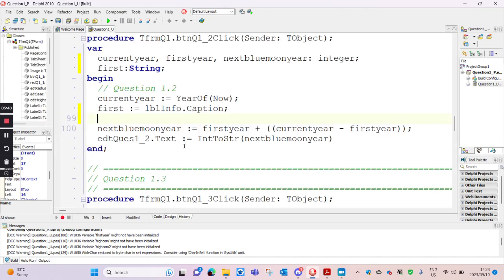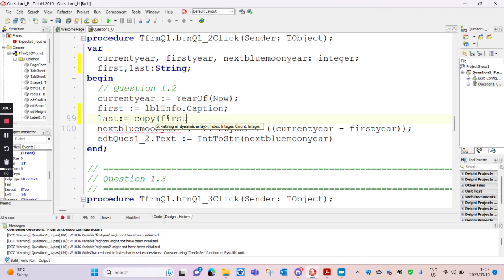So what I want now is the last 4 characters from this variable. How would I do that? Okay, who wants to help me? I'm going to use the copy function out of first.